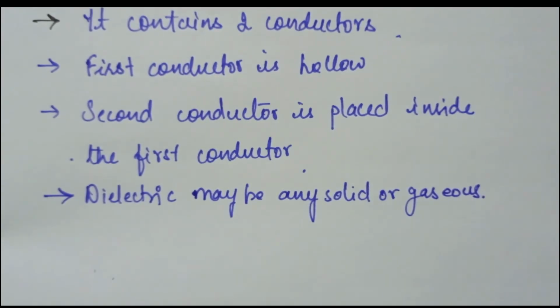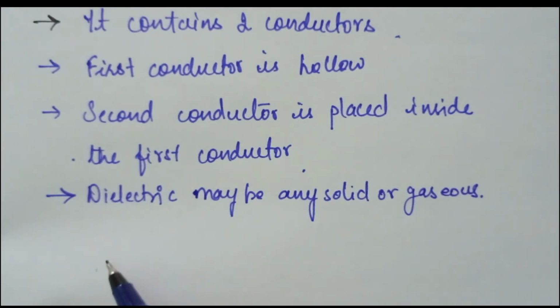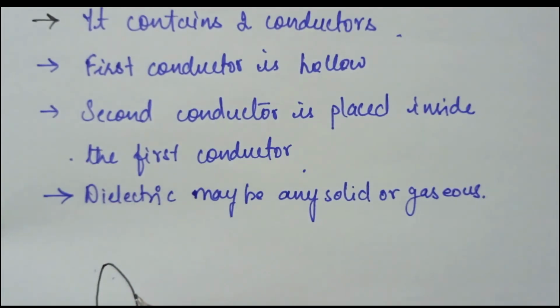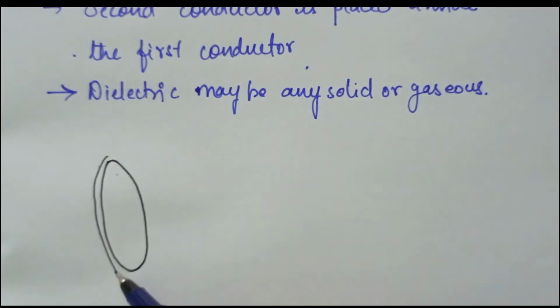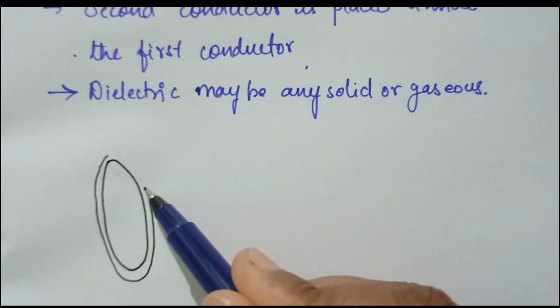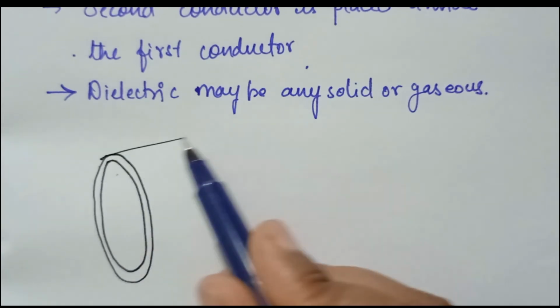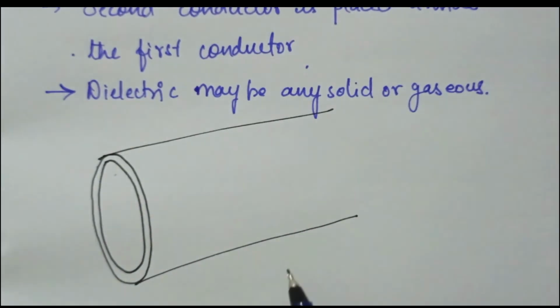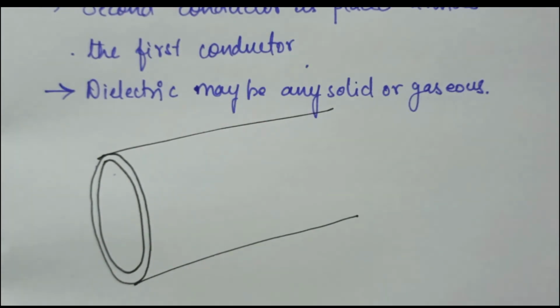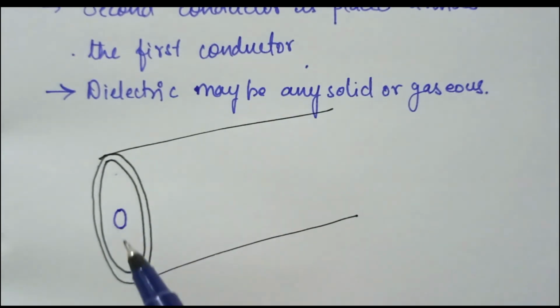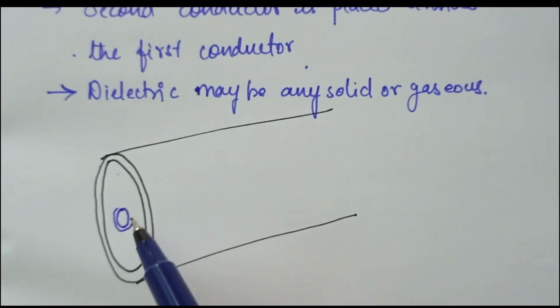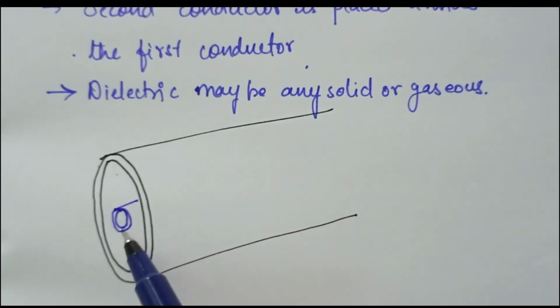It contains two conductors, one is hollow. The first conductor, the outer conductor here, is the hollow conductor, and the second conductor is placed inside this hollow conductor.